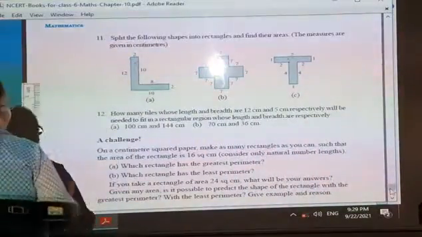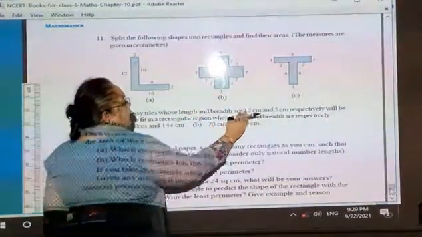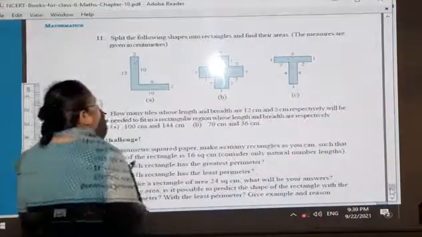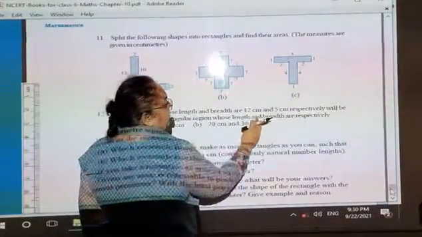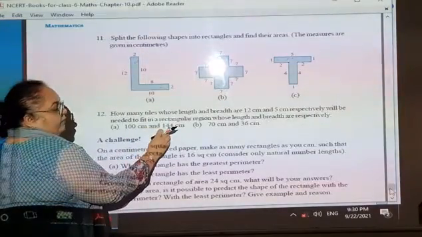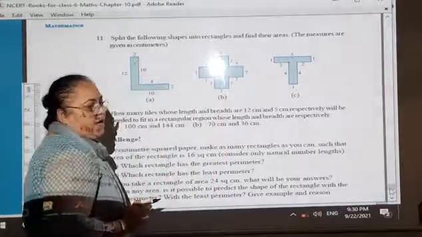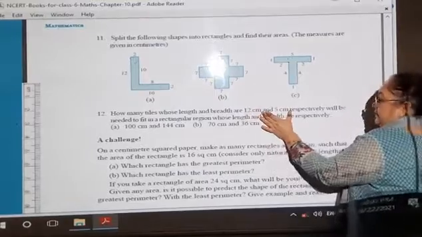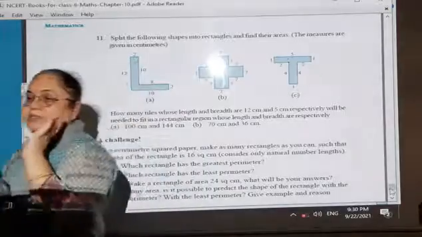How many tiles whose length and breadth are 12 centimeter and 5 centimeter respectively will be needed to fit in a rectangular region whose length and breadth are respectively 100 centimeter and 144 centimeter, 70 centimeter and 36 centimeter. So tell me, this measurement 12 centimeter by 5 centimeter is of which? Three measurements are given here.